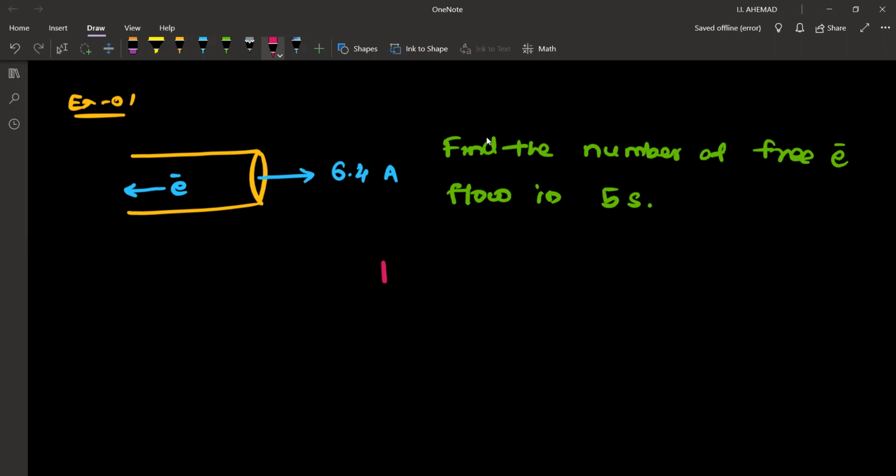So we know that I is equal to Q over T. But Q is not directly the electrons.